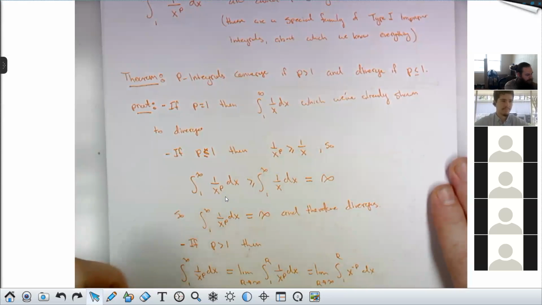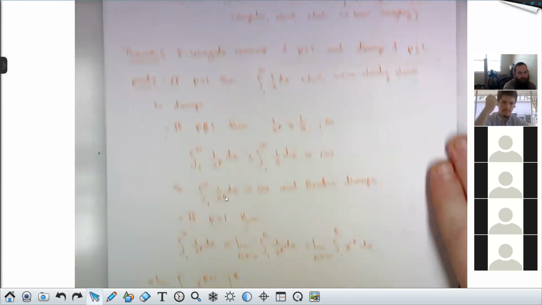Now we're ready for our antiderivative. I'll write it in the silly way first. This is x to the negative p plus 1 divided by negative p plus 1, evaluated from 1 to r.